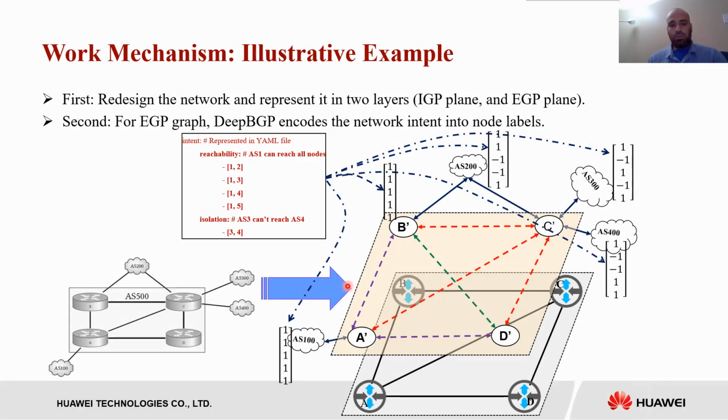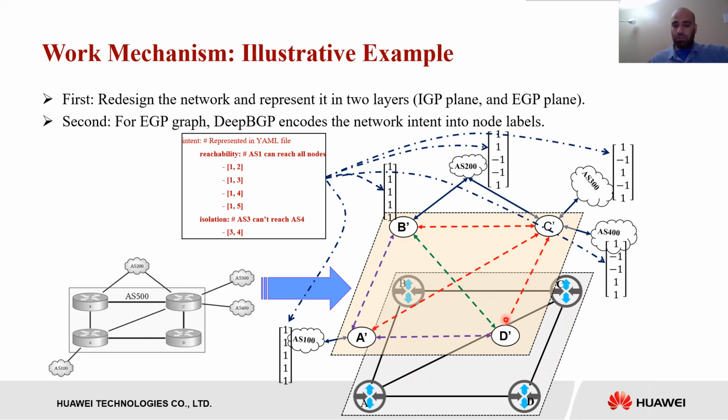To illustrate the working mechanism, we start with the network topology and the intent expressed as a YAML file. We take that network topology and generate two layers of it. The first layer is for the interior gateway protocol, and the second one is for the exterior gateway protocol. For the interior gateway protocol, we are interested in creating full connectivity between all nodes, and therefore we used the RIP protocol in our research.